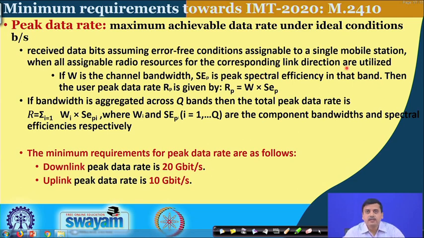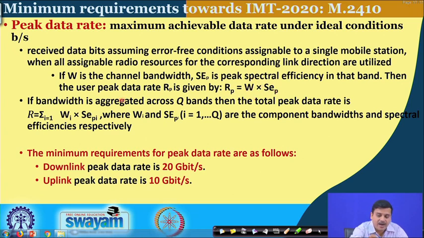You would also have to take in the error correction coding. If you are using rate half encoding, 50% of the bits are redundant. If you are using rate 3/4, then 1/4 of the bits are redundant. You have to take that into account in order to calculate the spectral efficiency. Then the peak user data rate R sub P is given by the bandwidth multiplied by the spectral efficiency.